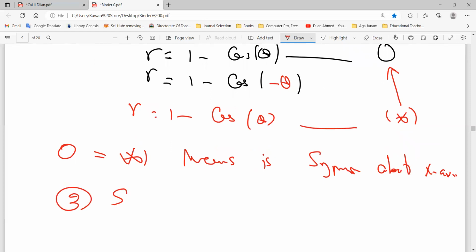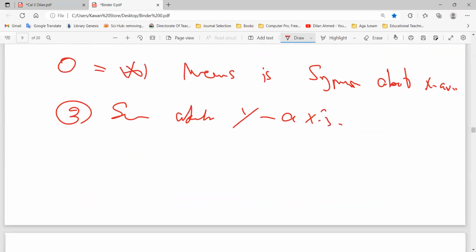So find the symmetry, or test symmetry, about the y-axis. So what do I see for the y-axis? (r, theta) is equal to what? (minus r, minus theta). Am I right? (r, theta), here I am.